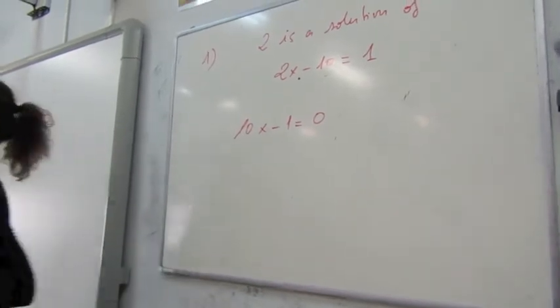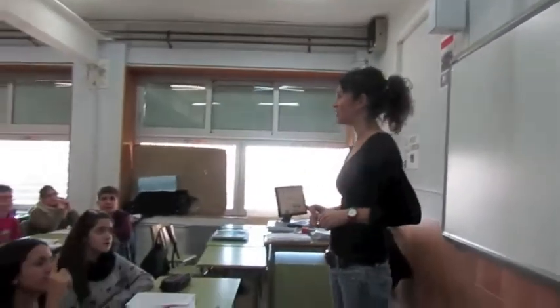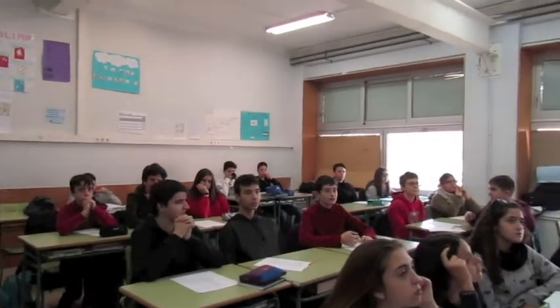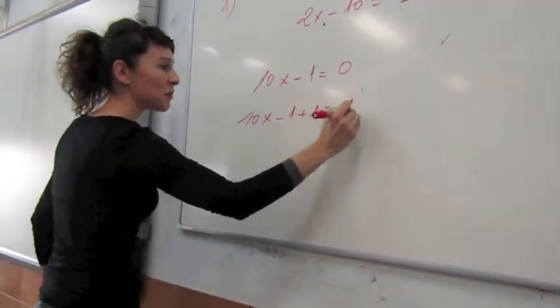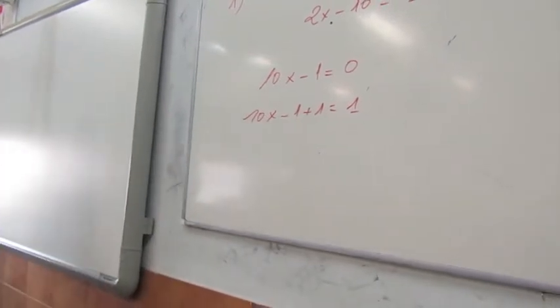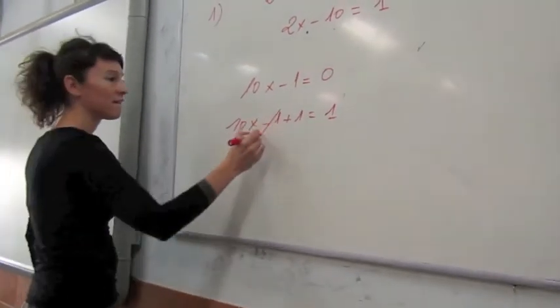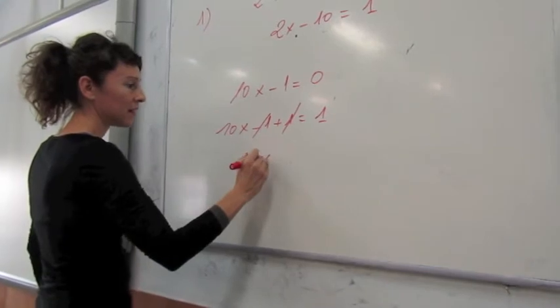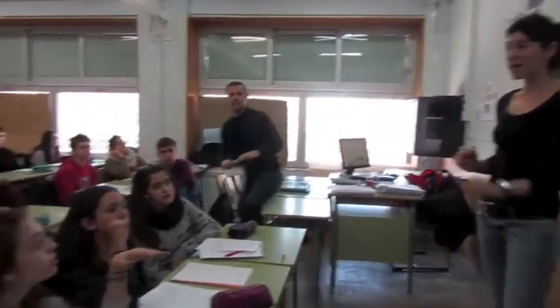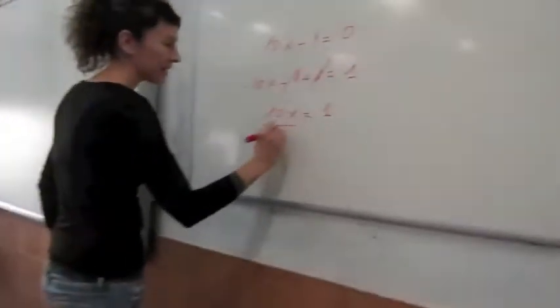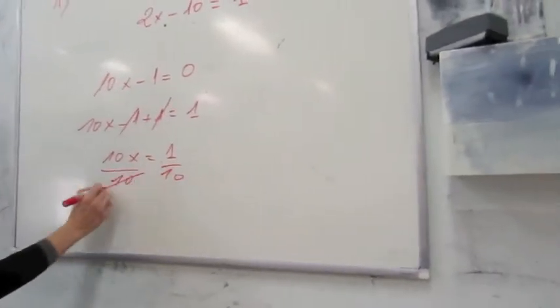Which is the first step you would do to solve this equation? Would you add 1 to each part of the equal sign? Yeah. And now, what would you do? Divide by 10. Okay.